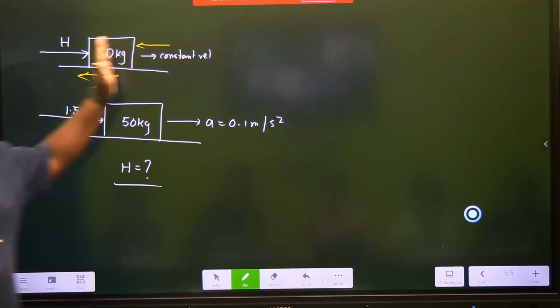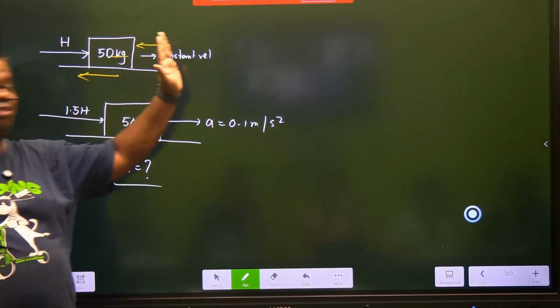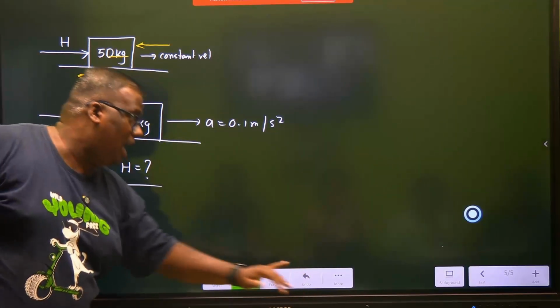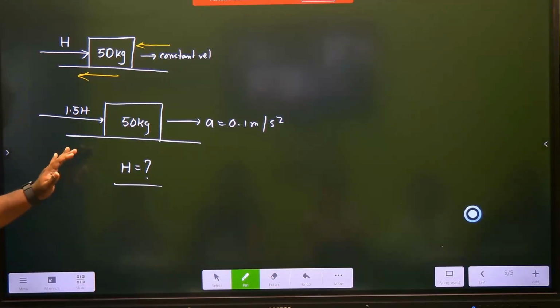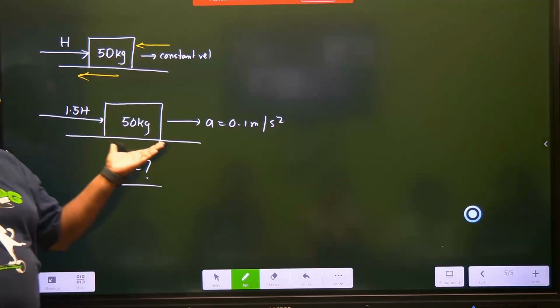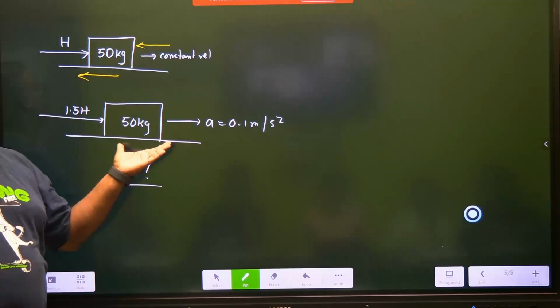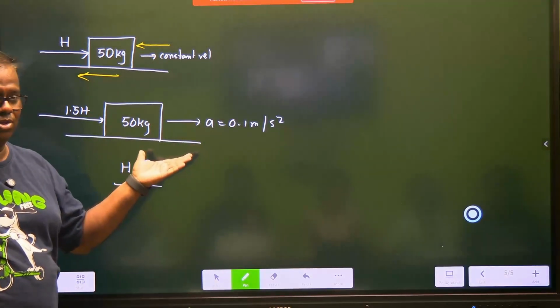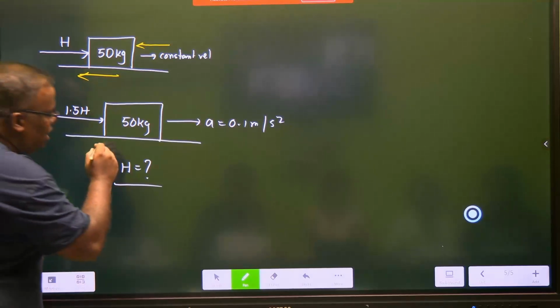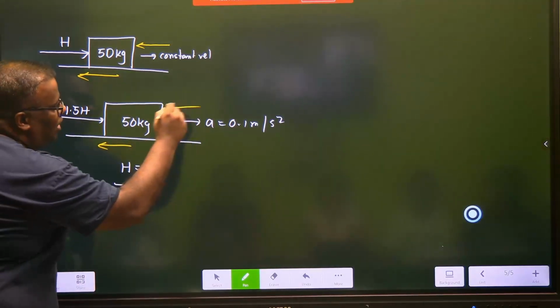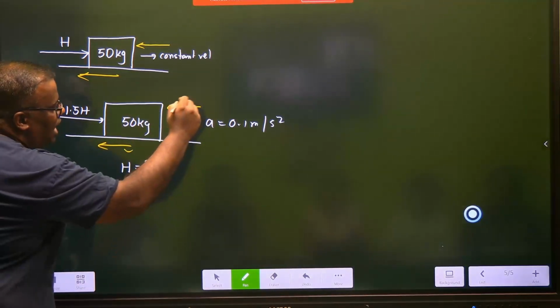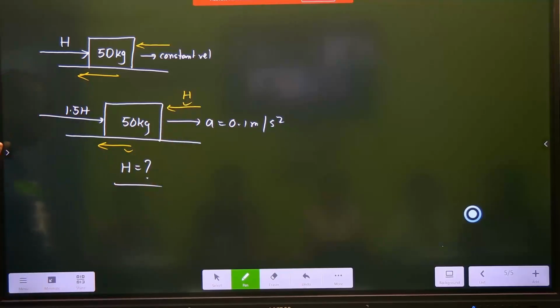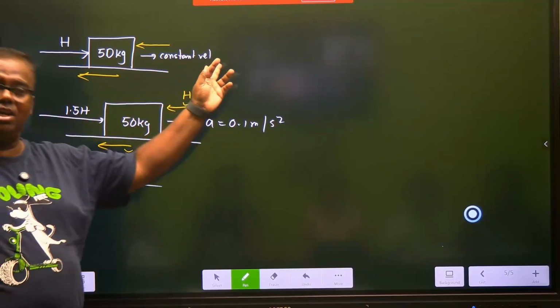A body in motion continues to be in a state of uniform motion unless it is compelled to change its state of rest or uniform motion, and that compelling is done by a net force. In this case also, we had our friction, we had our air resistance, but all these added up to give you how much? H. That's why H and H cancelled, no acceleration.